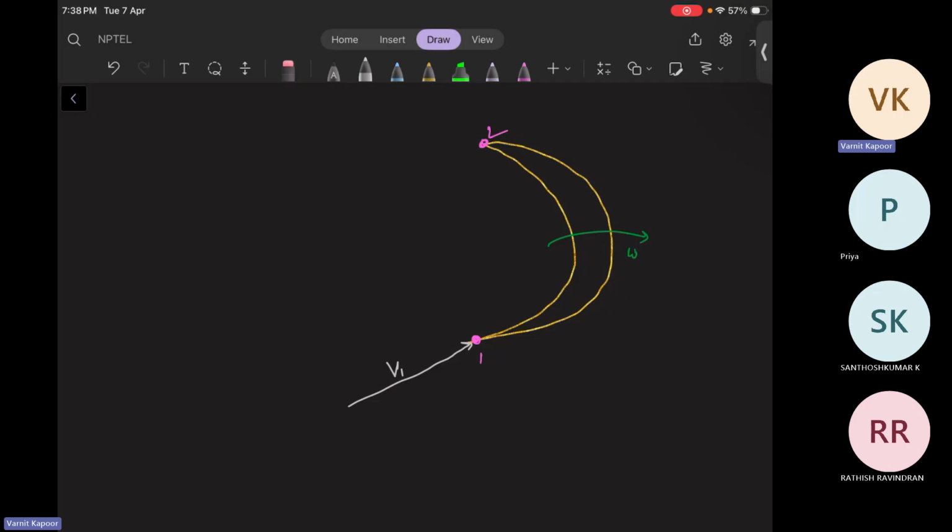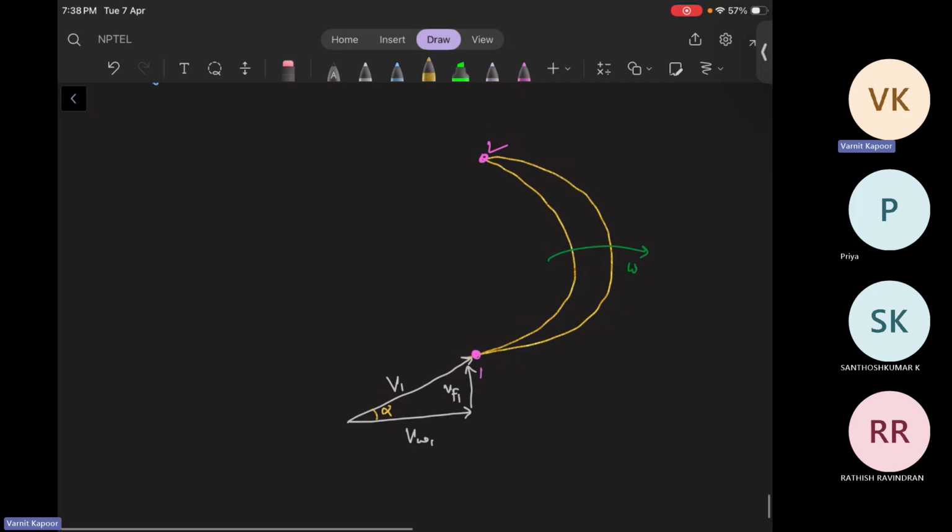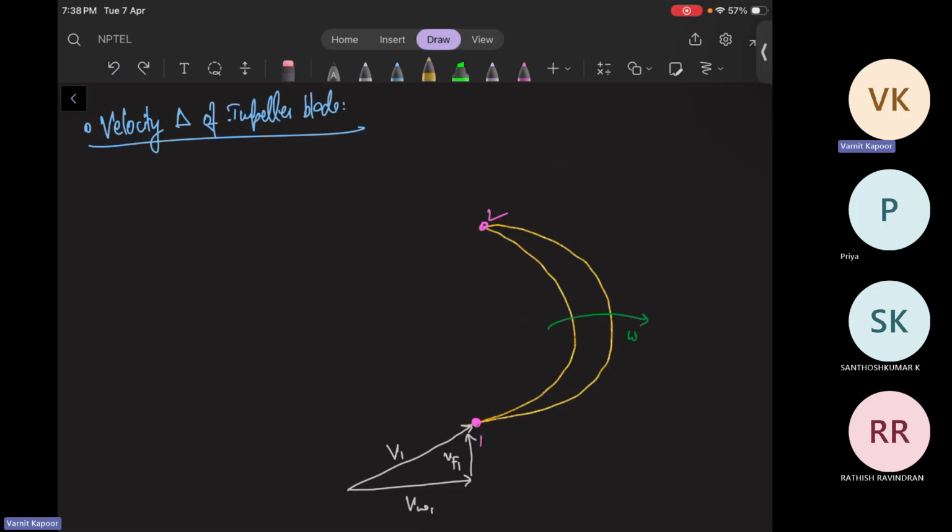Now this velocity will have two components. The first one will be vw1, as we have seen, and vf1, the whirl and the flow component. The angle at which it enters is your nozzle angle or absolute velocity angle at the inlet. So this is your angle alpha.